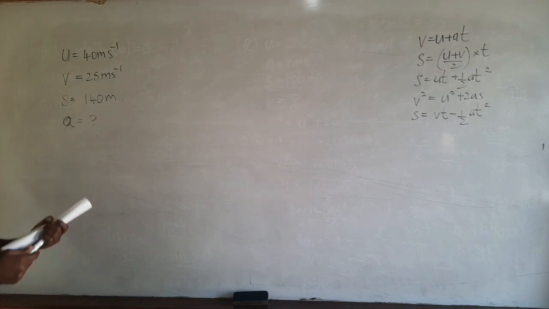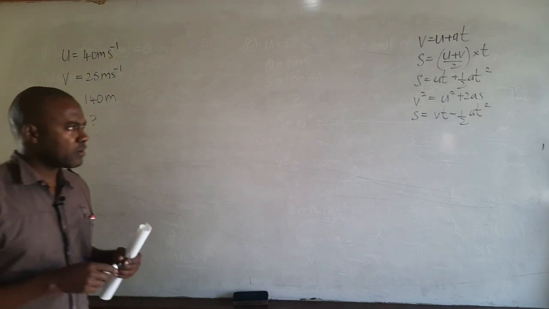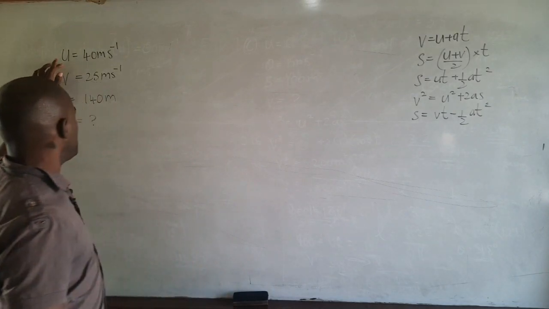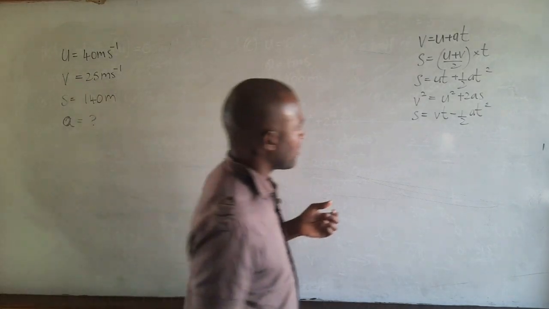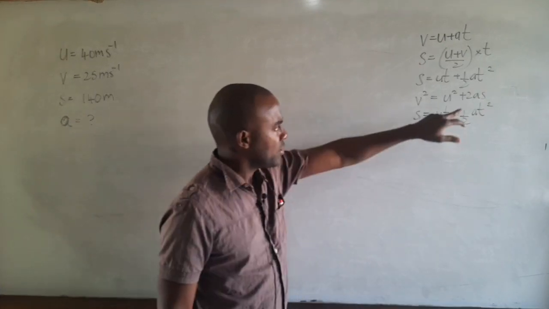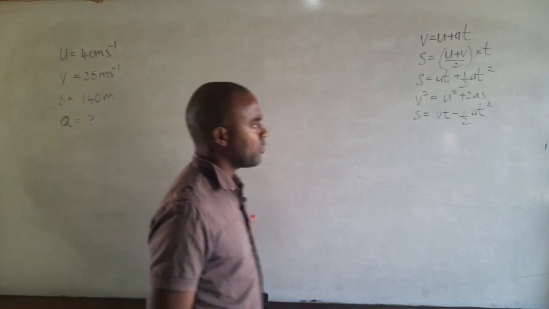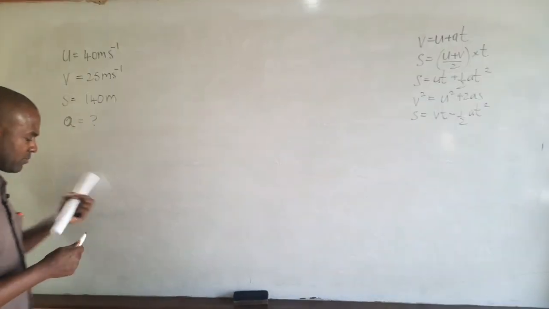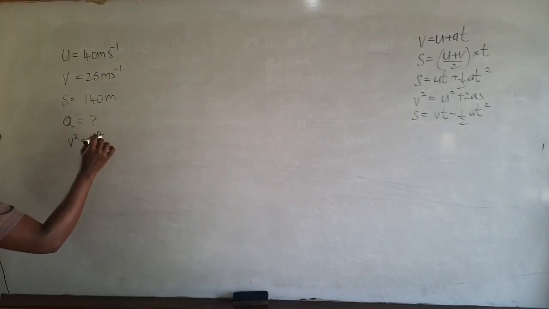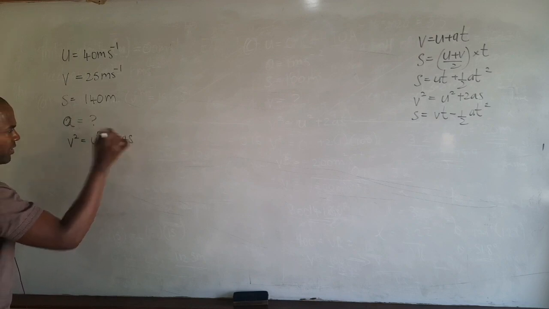So, again, we look at the information that we have, what we want to find, and we'll find an appropriate equation to do so. So we have the initial velocity u, final velocity v, distance traveled s, and we want to find a. So we use the equation v squared equals u squared plus 2as.